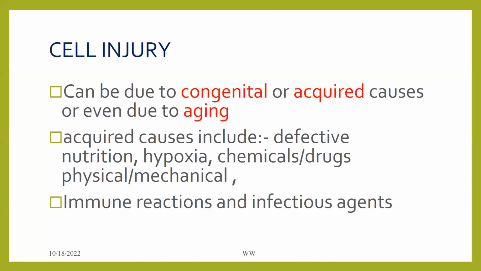So defective nutrition, simply because all these nutrients are required for synthesis of the molecules that ensure integrity of the cell. Hypoxia: oxygen is required for the cells to remain alive and active. We need oxygen carried by the blood, so anything affecting blood, anything affecting the transportation of that oxygen.